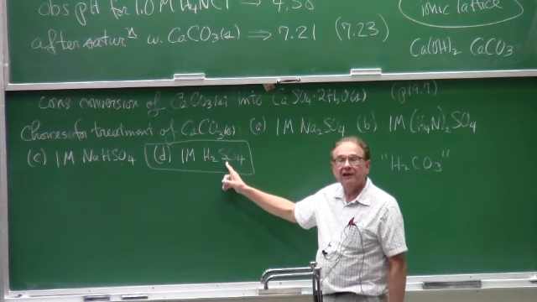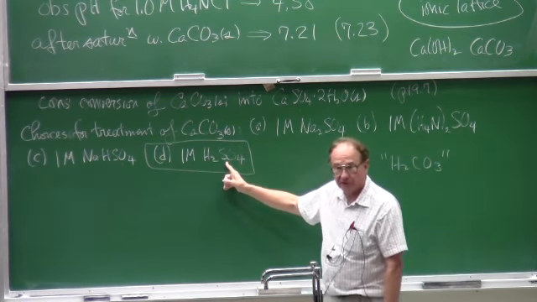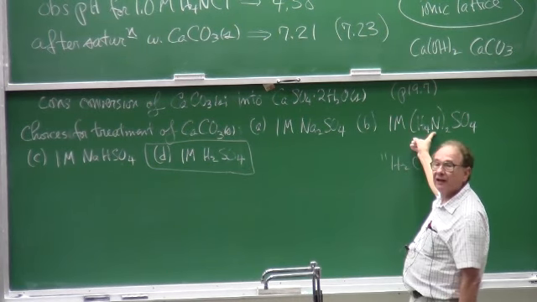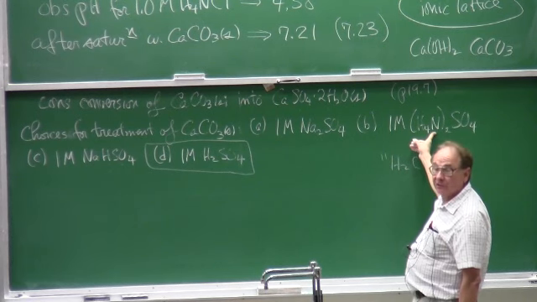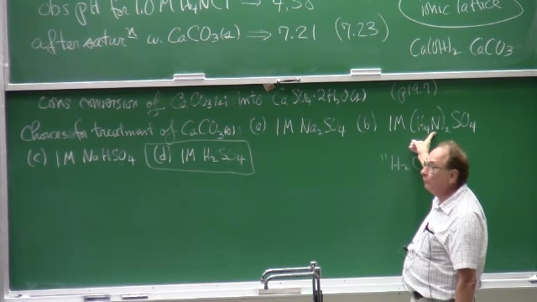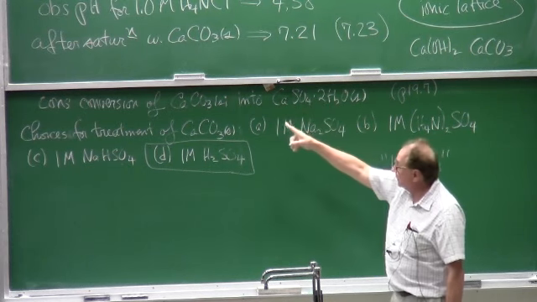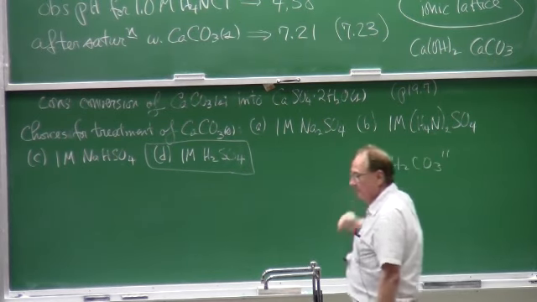But if I use this stuff, the K value is even more huge. But if I use this stuff, I'm going to get a K value that's a good deal smaller than 1. I will not effectively convert calcium carbonate into this stuff if I treat the calcium carbonate with this stuff.